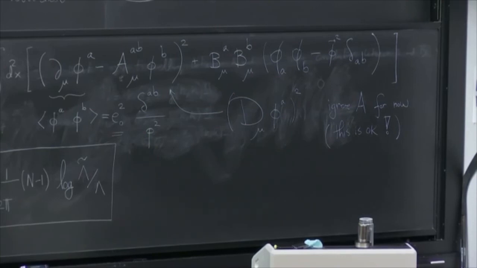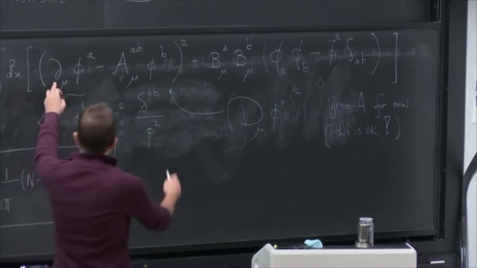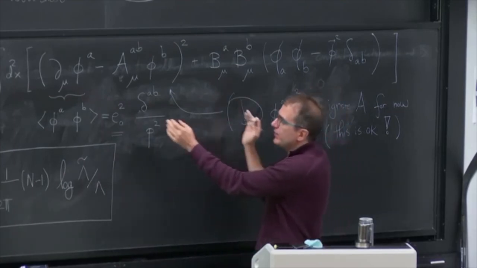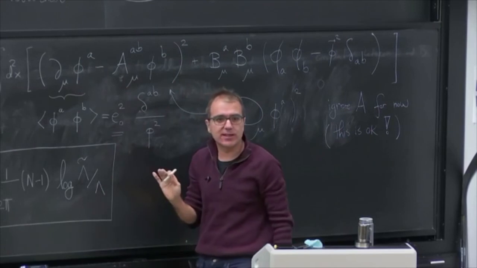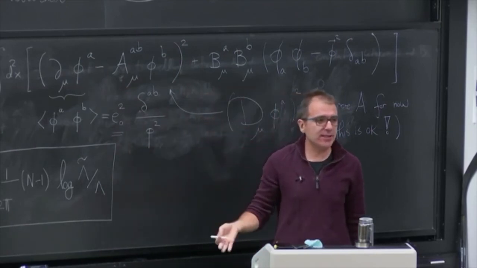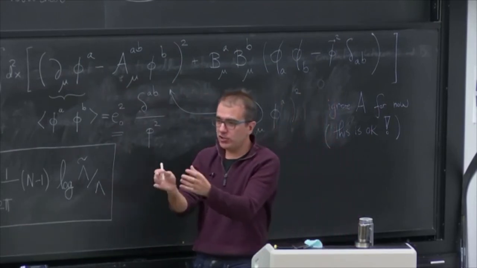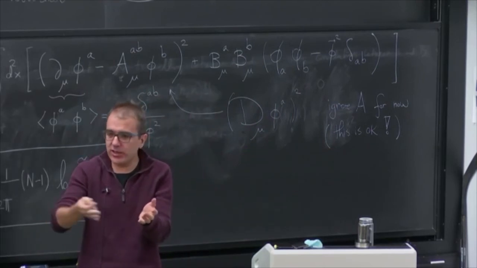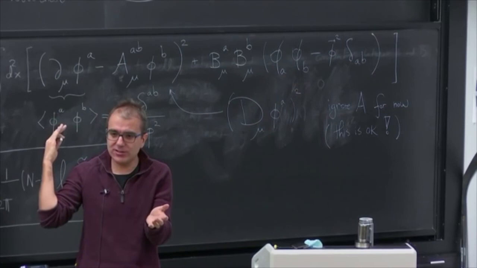Now, A is appearing here like a covariant derivative. A is effectively giving a covariant derivative of this scalar. And so when you integrate out the scalar, you will get a gauge invariant quantity for this A, because you can think of it really as a gauge connection, the way it appears in the action.